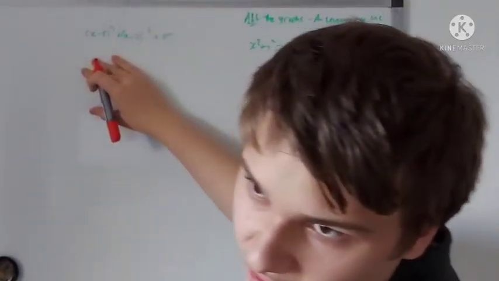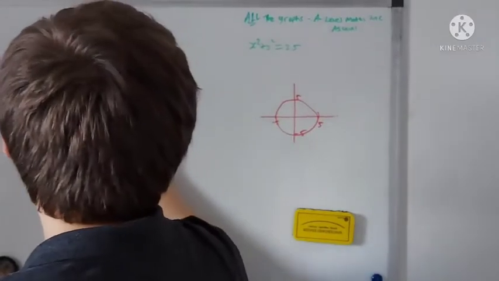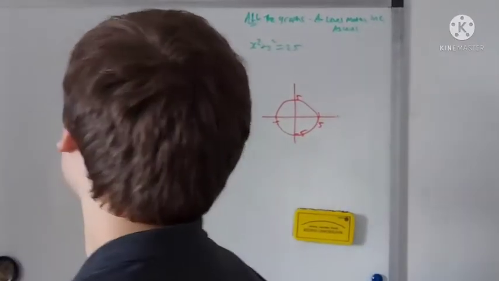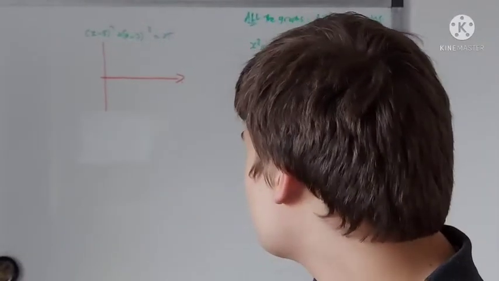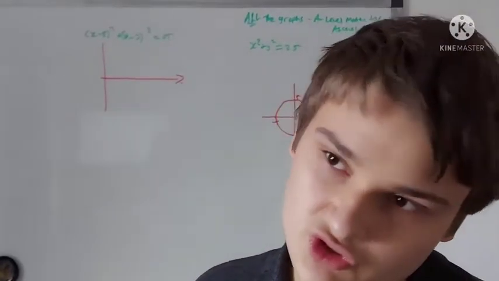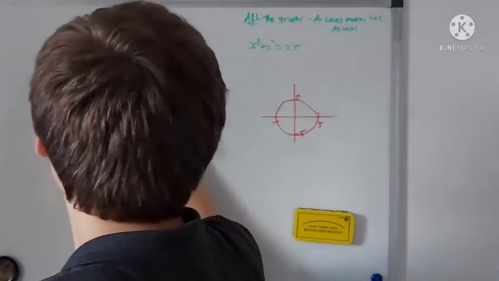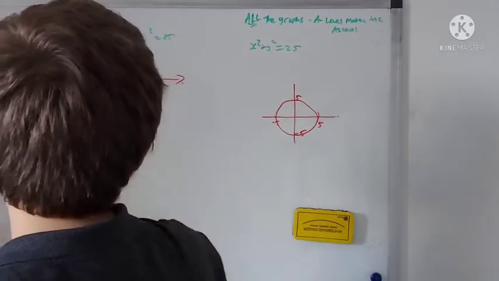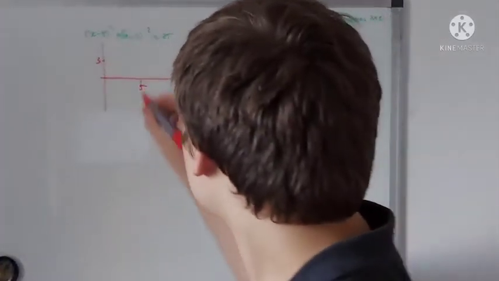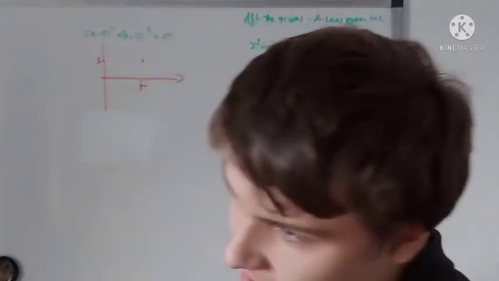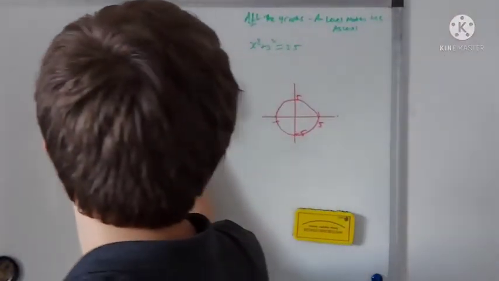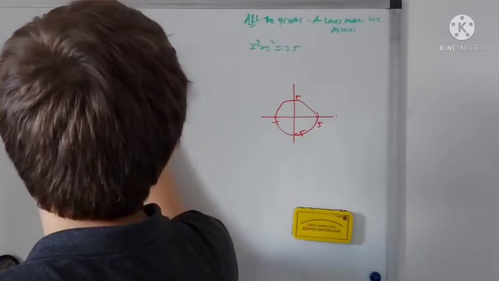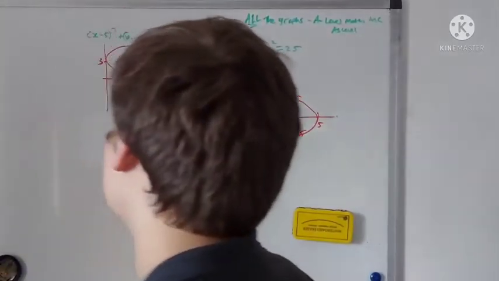Now I wasn't going to do transformations in this video, but just for the fun of it, I'm going to have a look at x minus 5 squared plus y minus 3 squared equals 25. We have to spot if it will touch the axes or not. This one on purpose will, so 5 at 3 on the y-axis. So there's my centre, radius 5, square root 25. So this one should touch the x-axis.